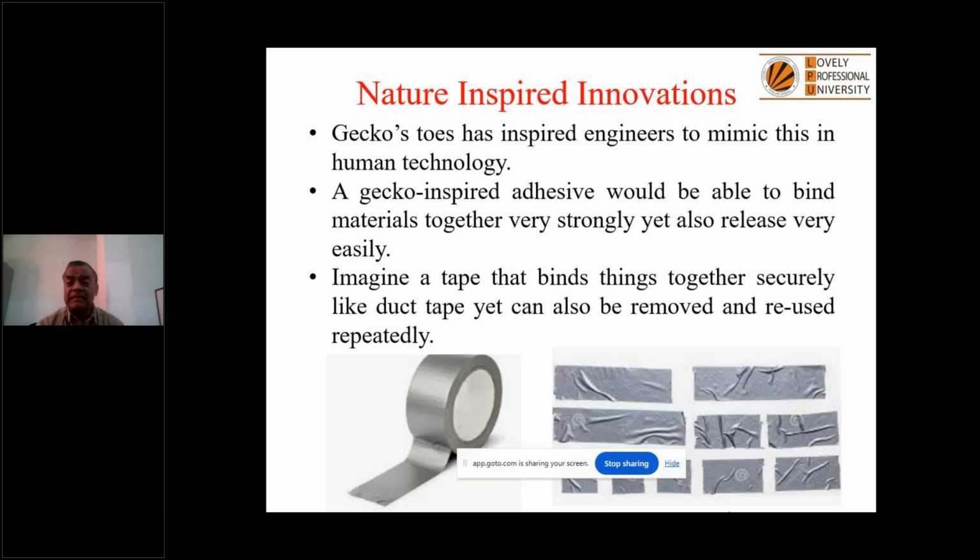You might have seen that once tape is used it could not be reused again and again, but there is a glue in the hands of geckos, and these hands stick to the wall. Whenever they want to get away from the surface, they destroy the vacuum developed between the surface and the palm. And also, this sticky surface of the palm can be reused.